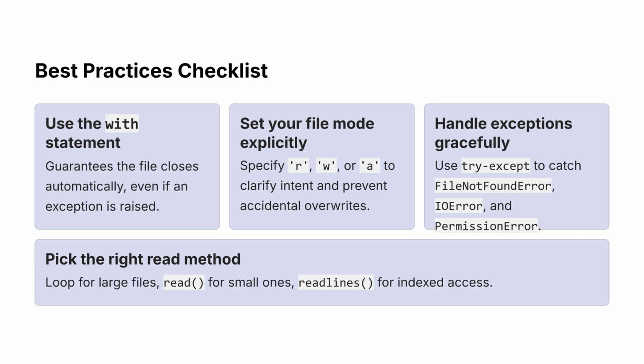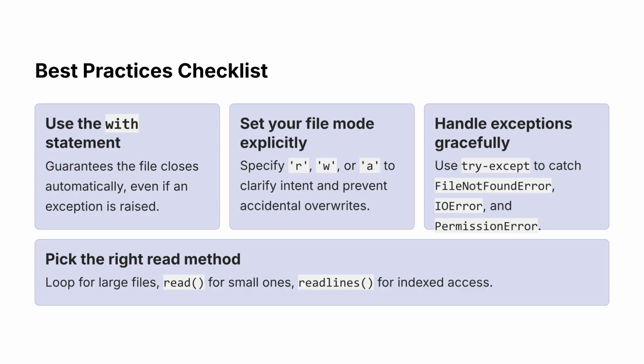All right, let's wrap up with the checklist. The stuff you actually want to internalize. One. Always use the with statement. Context managers exist for a reason. Let them do their job. Two. Be explicit about your mode. Don't rely on the default. Write out R, W, or A so your intent is clear to anyone reading the code, including future you. Three. Handle your exceptions.